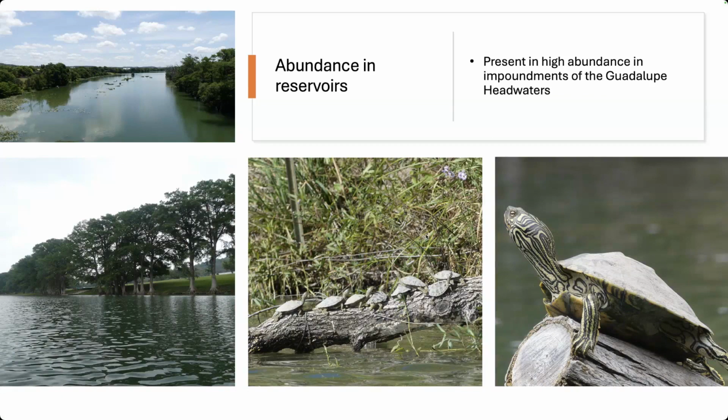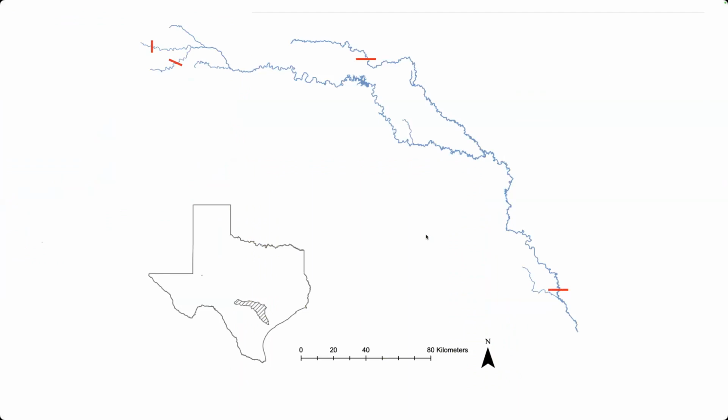And they did have more productivity in terms of macroinvertebrates from Lexi's data. And they're also relatively shallow with expansive littoral zones, right? So they have abundant snags. So overall, if you have all of these conditions, it doesn't really matter if the water is flowing or not. You can support potentially high abundances of these map turtles.